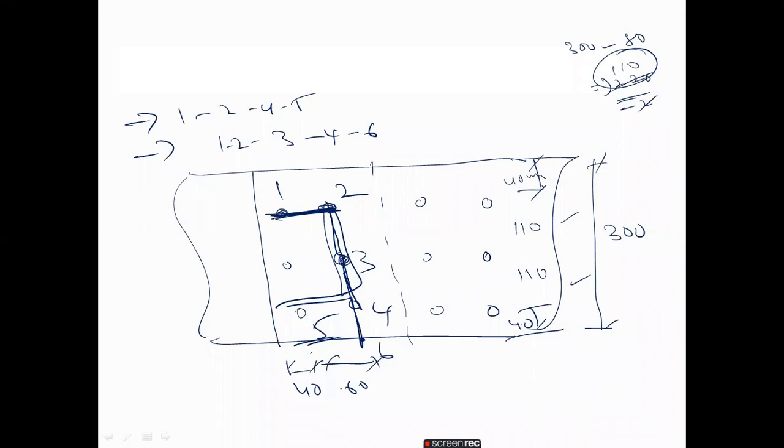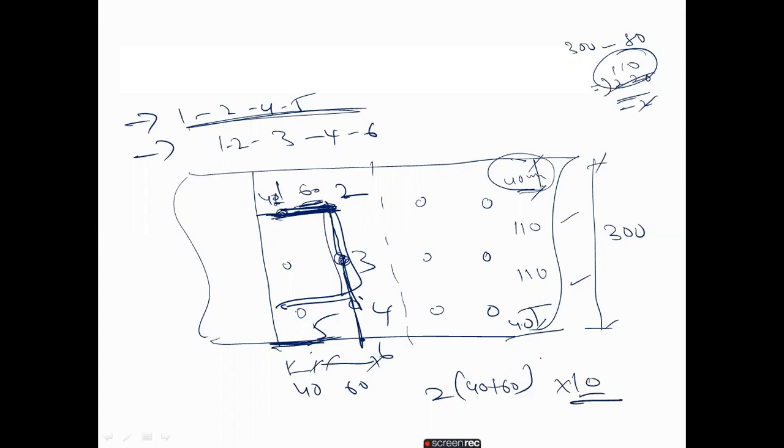For the gross area, if you take the 1, 2, 4, 5 section, on both sides this is the 40 we know, and the pitch distance is 60. So 2 into 40 plus 60, multiplied with the thickness, you will get the gross area.